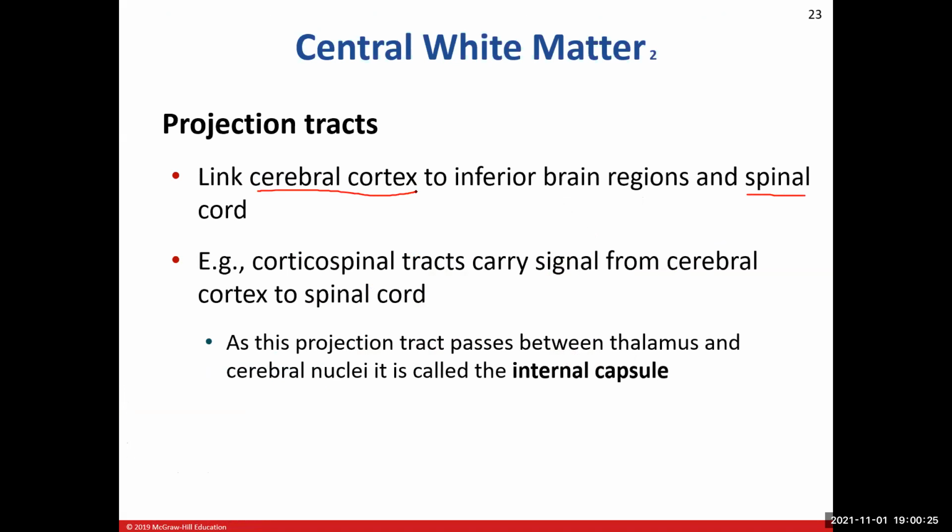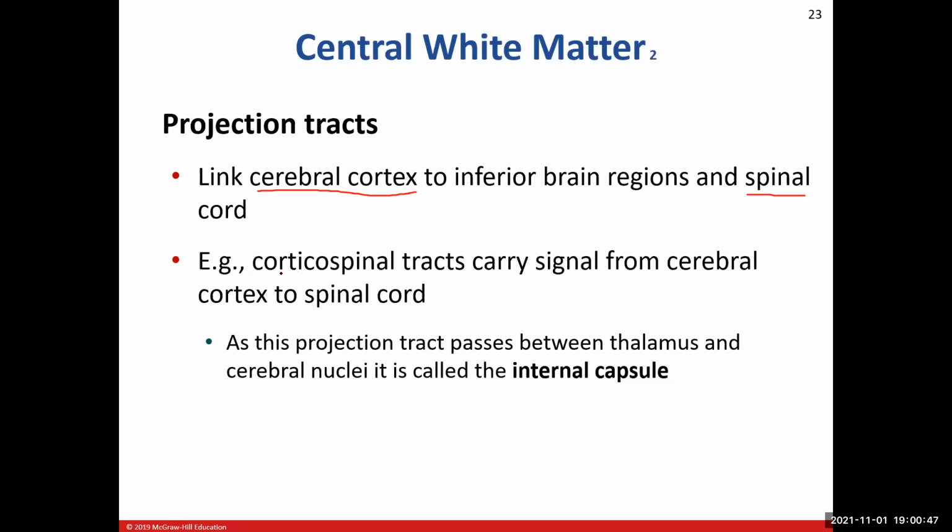So take the primary motor cortex: you want to initiate some sort of movement. These projection tracts are going to travel from the frontal lobe down through the brainstem and then eventually out into the spinal cord. So it's these tracts that connect all those areas.